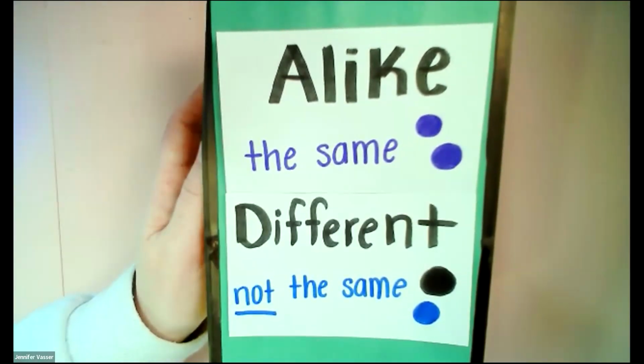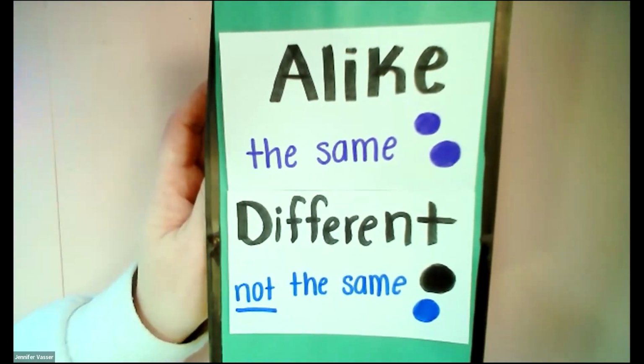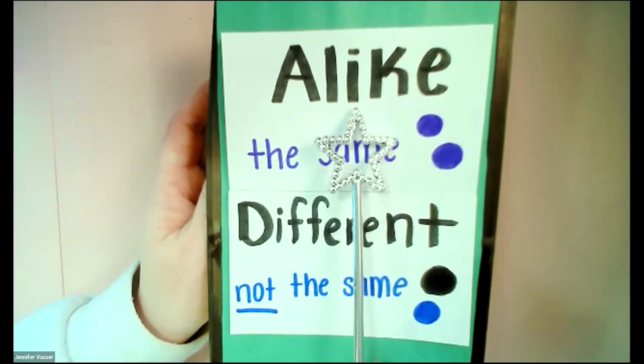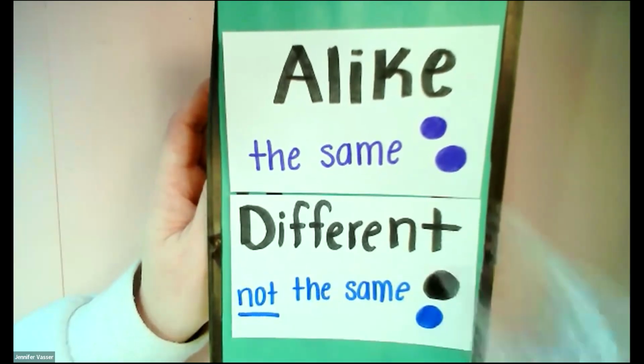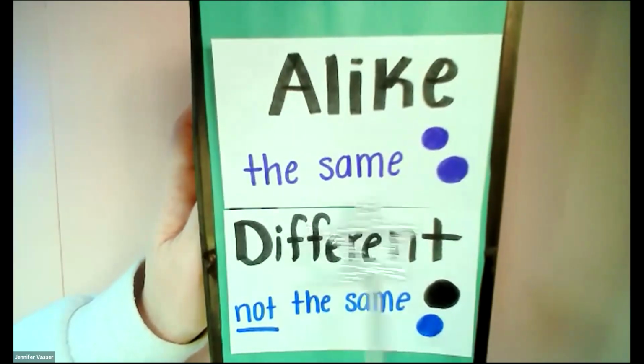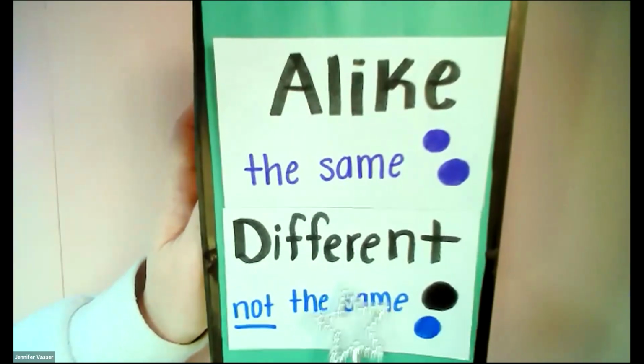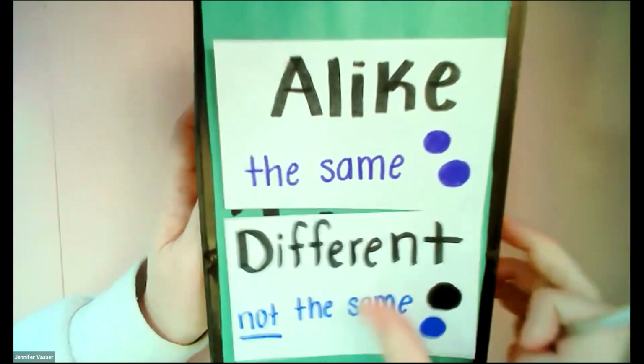Friends, the two words we are learning in today's lesson, alike and different. Alike means the same. Different means not the same. So let's take a look at the objects inside the mystery bag. Here we go.